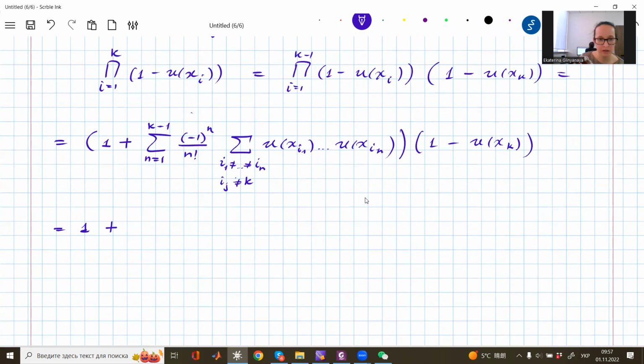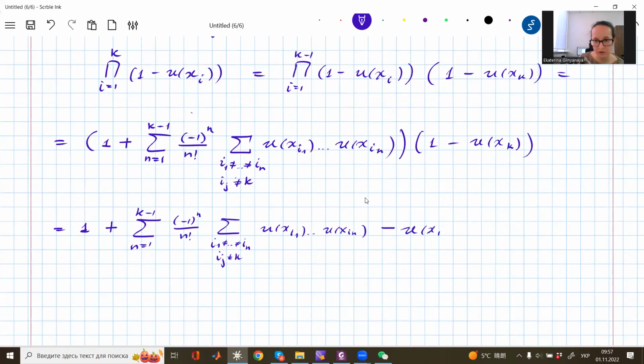So here, when n is equal to 1, I will write the sum over k minus 1 plus 1, factorial 1, multiple u of x_i first, u of x_i n, and here minus u of x_k, and here let me write also minus, from 1 to k minus 1, and factorial.